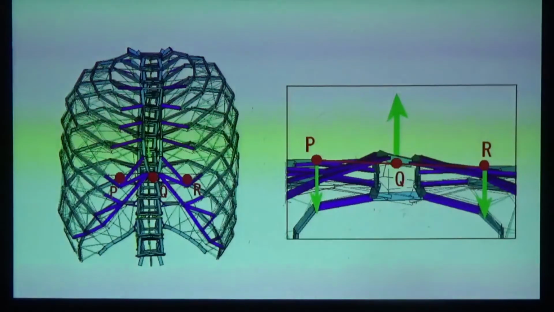After modeling is completed, we can easily calculate how the shape of the thorax will change in response to forces. In the operation for Pectus excavatum, the depressed part, point Q in the figure, is elevated to the position of the highest parts, point P and R. Given this condition, we can perform calculation and predict how the shape of the thorax will be changed after the operation.